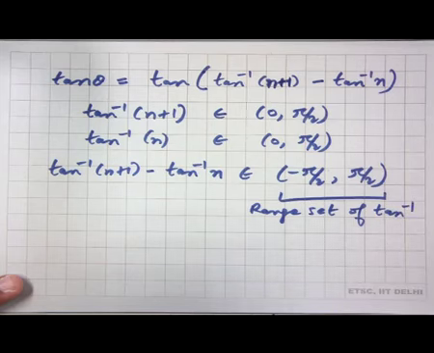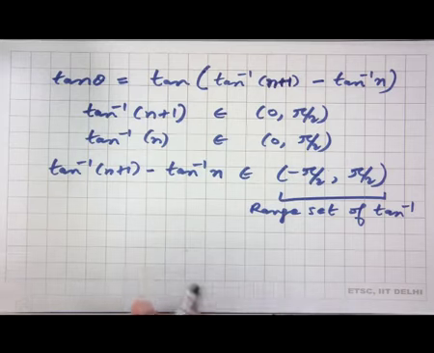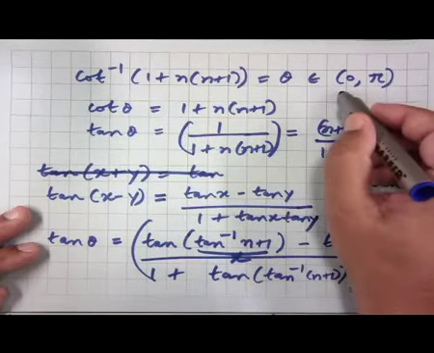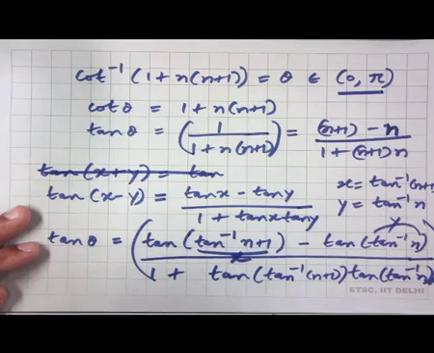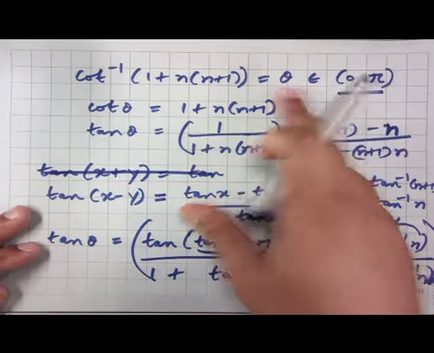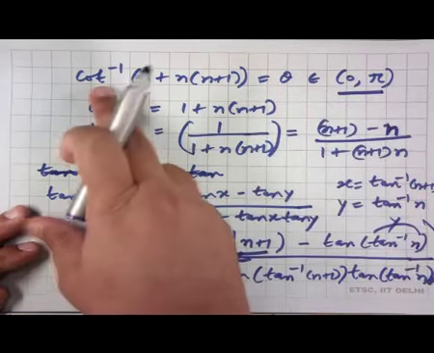If you remember, when we started, we had initially that theta belongs to 0 to pi, because this is the range set of cot inverse.